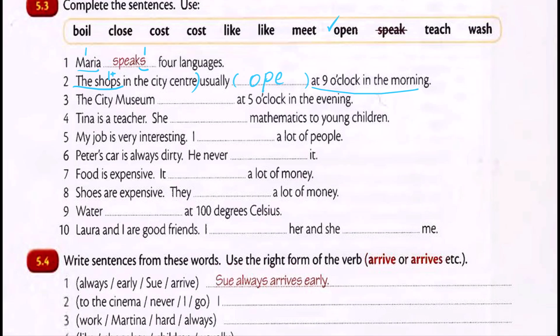Okay, this part, the shops in the city center, is the starter of the sentence. This open is the verb of the sentence, and we have the complement, the ending part of the sentence, with 2 adverbs of time. Be careful. At 9 o'clock is one part of the whole morning.